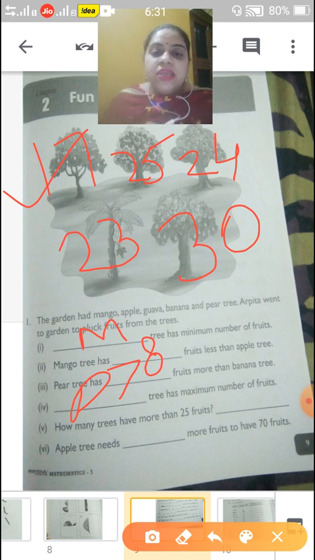Now can you see how many trees have more than 25 fruits? That is only one tree. So we will write only one tree, because the rest of the trees are having less than, you can see 24, 23, 17, and it is 25, and he was asking more than 25. So only one tree is having more than 25 fruits.